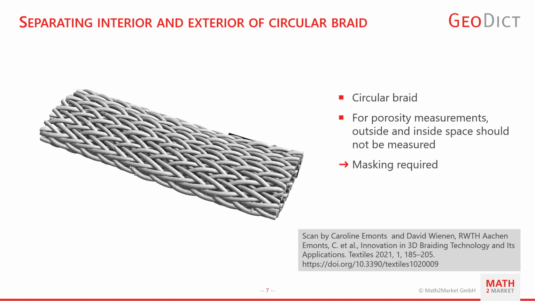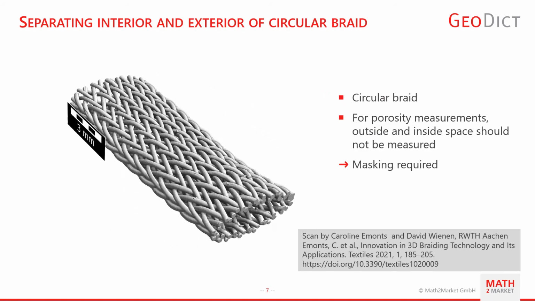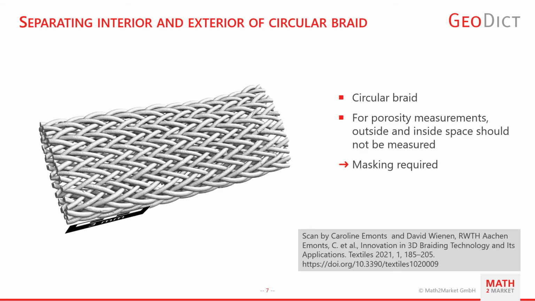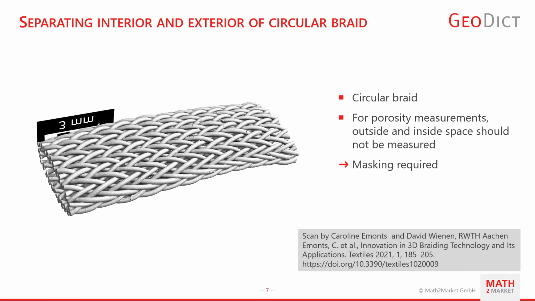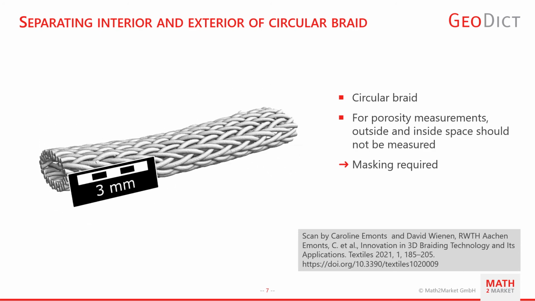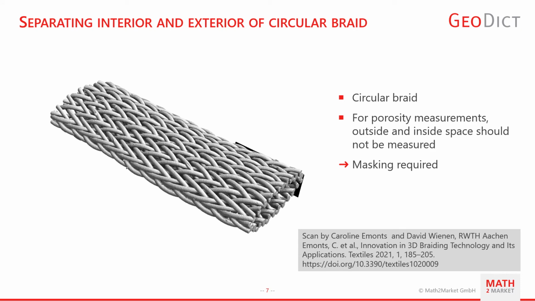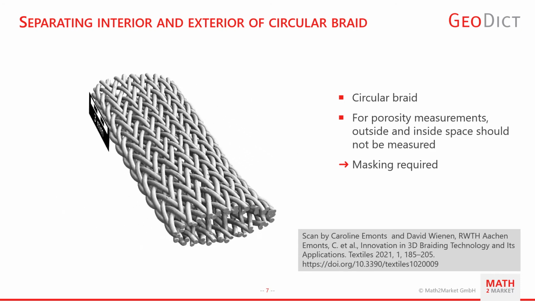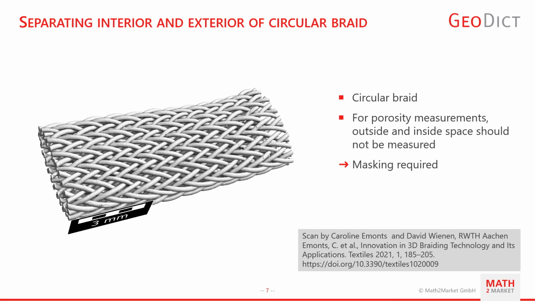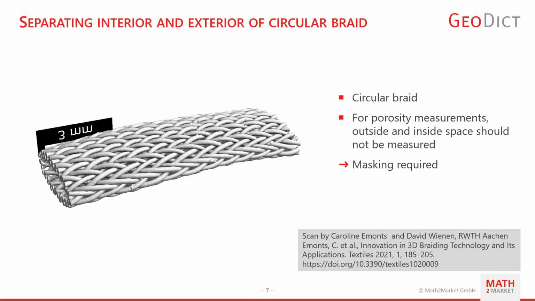After the segmentation of an image, sometimes additional steps are required before the actual analysis or simulations can be started. Here we see a circular braid. That scan was provided to us by Caroline Emmons and David Wienen from RWTH Aachen.